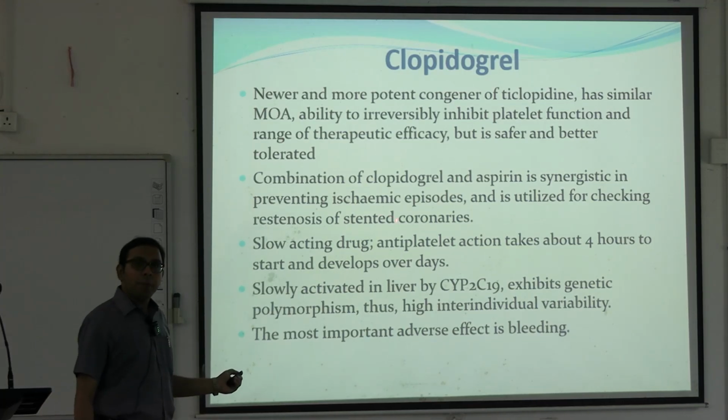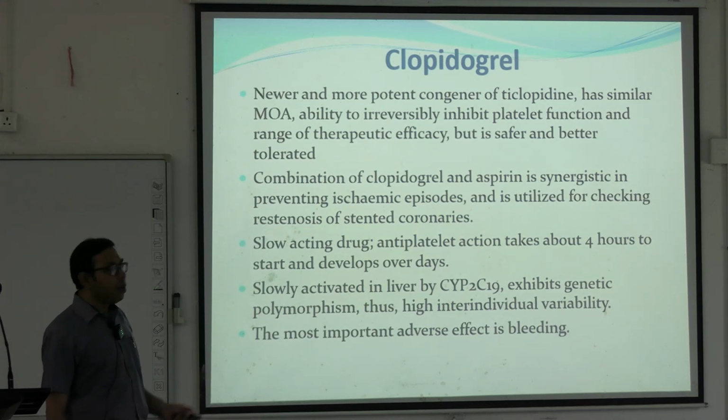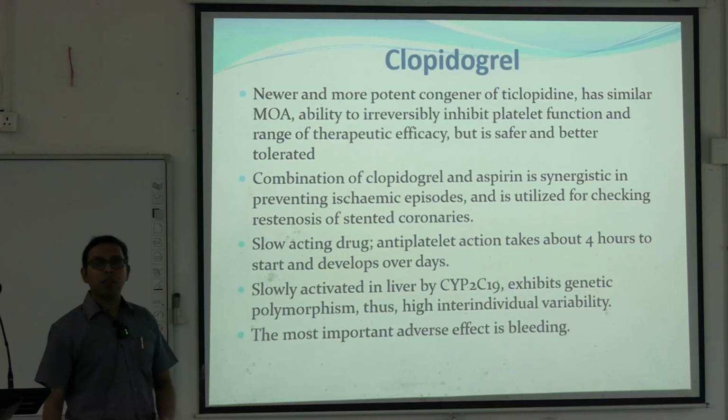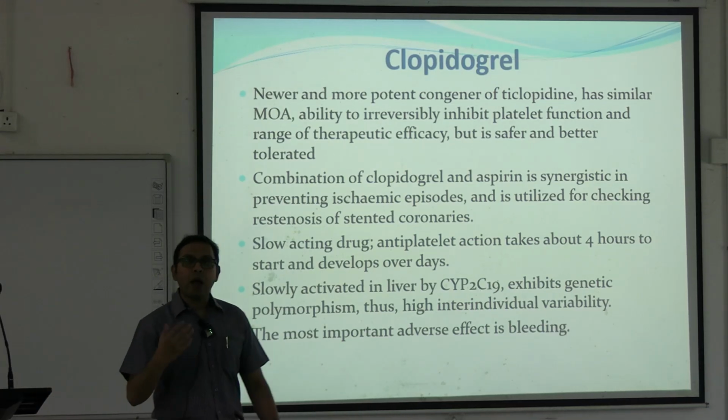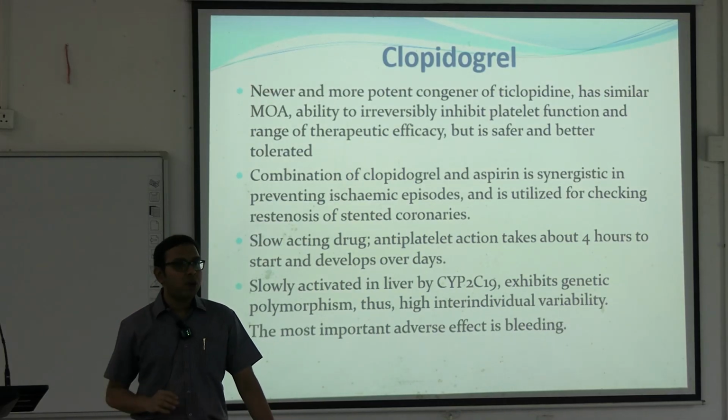We can use the combination of the aspirin and clopidogrel. The combination is synergistic, that can prevent the ischemic episodes and is utilized for checking the restenosis of the stented coronaries. So when the patient comes with myocardial infarction, we will do some stenting, that is coronary angioplasty.